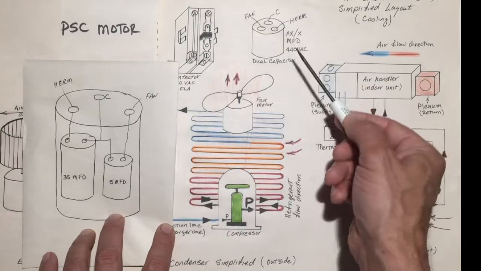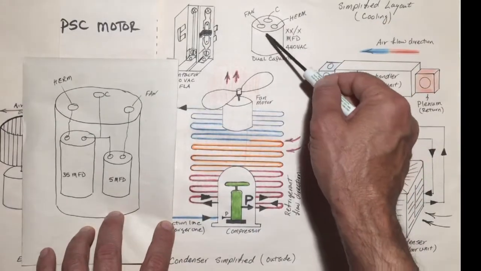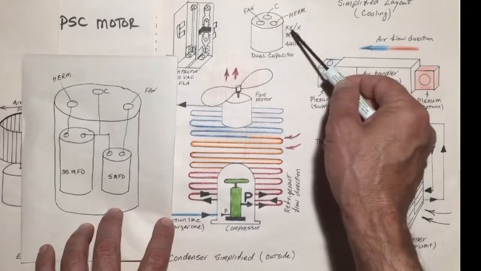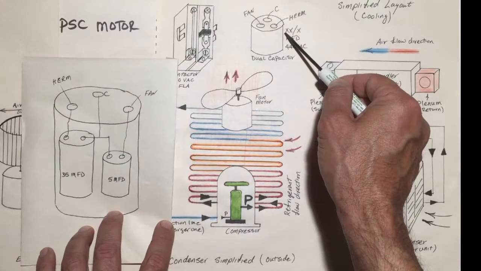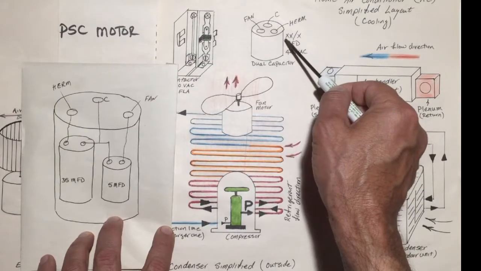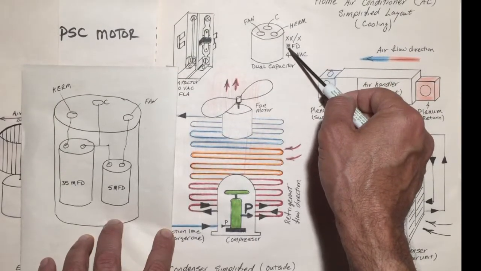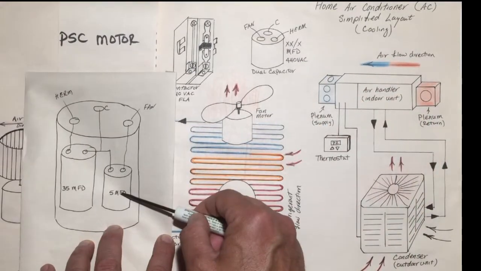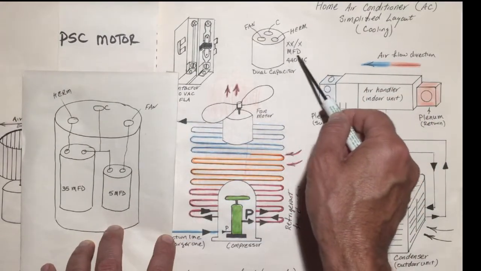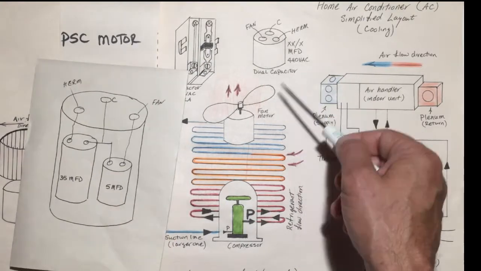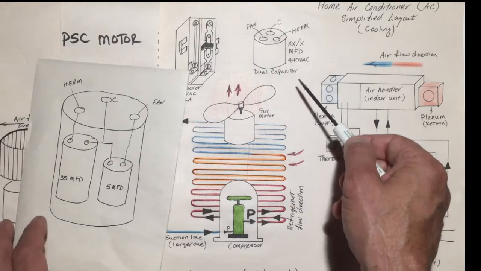You'll see that the label will have something such as 35/5 MFD. So that's 35 microfarad for one cap, and 5 microfarad for the other cap. And then there is a voltage rating for it too, 440 volts AC. Basically it means it can handle up to 440 volts AC.